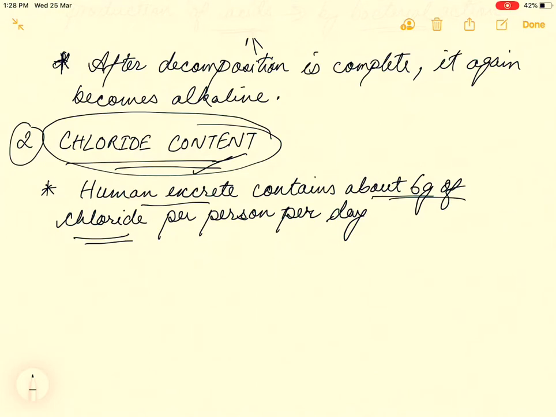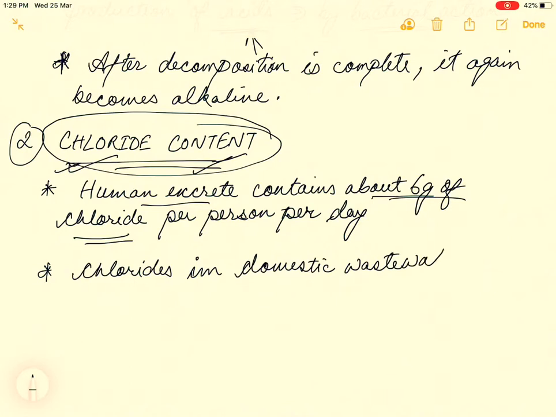Hence there is a requirement for the determination of chloride also. How does chloride come into the wastewater?